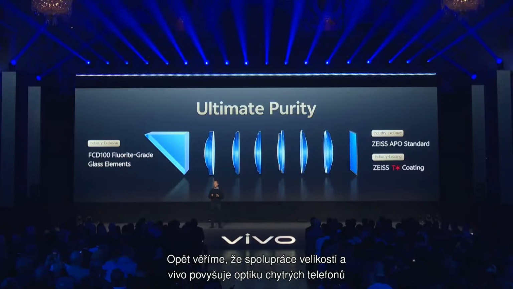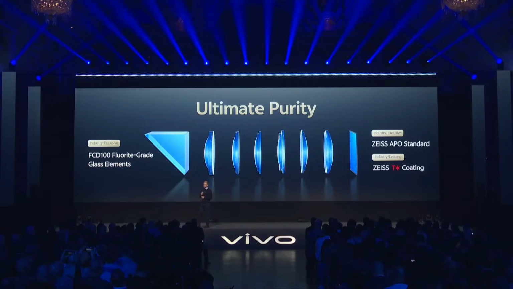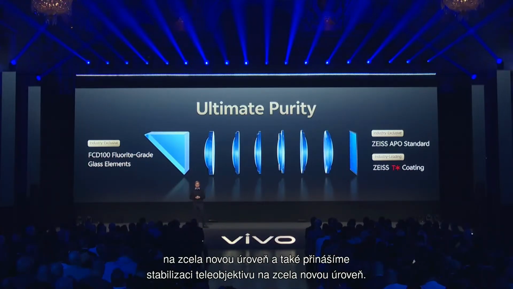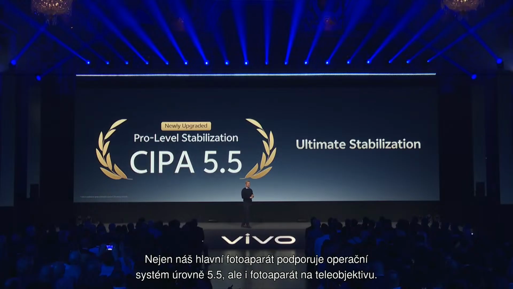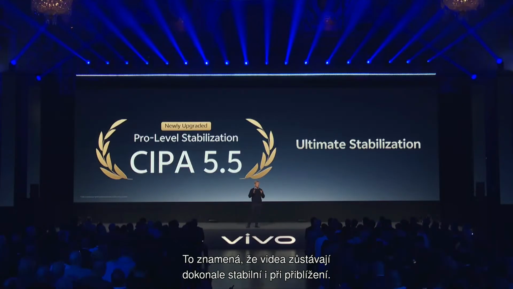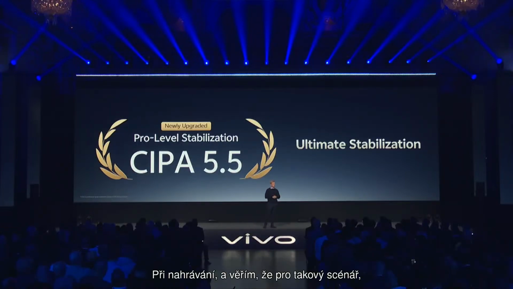Once again, we believe that Zeiss and Vivo collaboration elevates smartphone optics to an entirely new level. And we also bring telephoto stabilization to an entirely new level. Not only does our main camera support CIPA level 5.5 OIS, so does our camera on the telephoto. That means video stays perfectly stable even when you zoom in while recording.